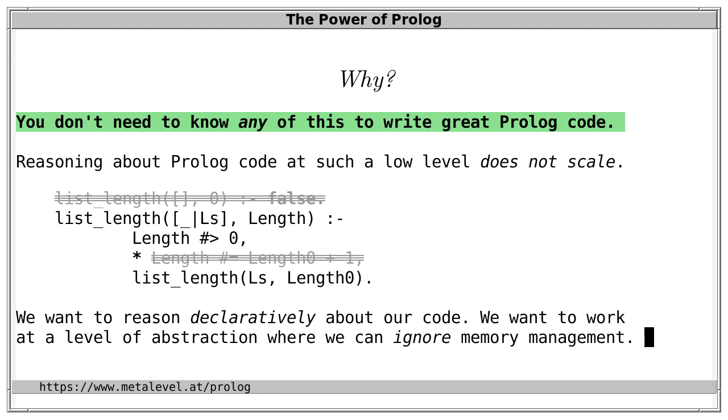So we want to work at the level of abstraction where we can ignore memory management, because the Prolog system should take care of it automatically. And that's exactly the point of using a high-level programming language. We don't want to be bothered with low-level issues. Or maybe more accurately, we want them to be implicit.